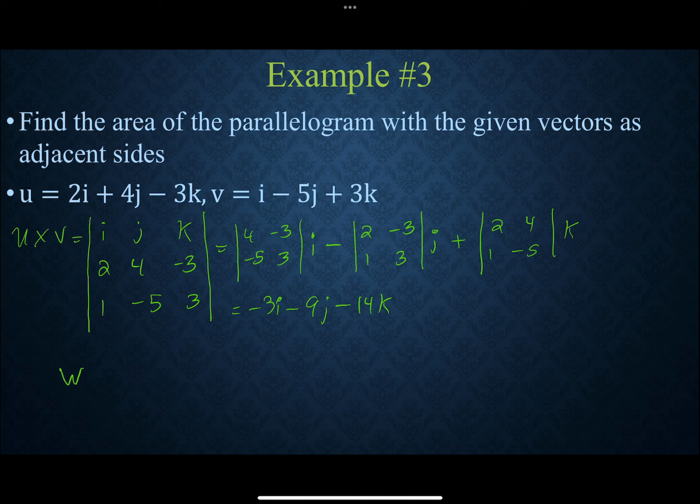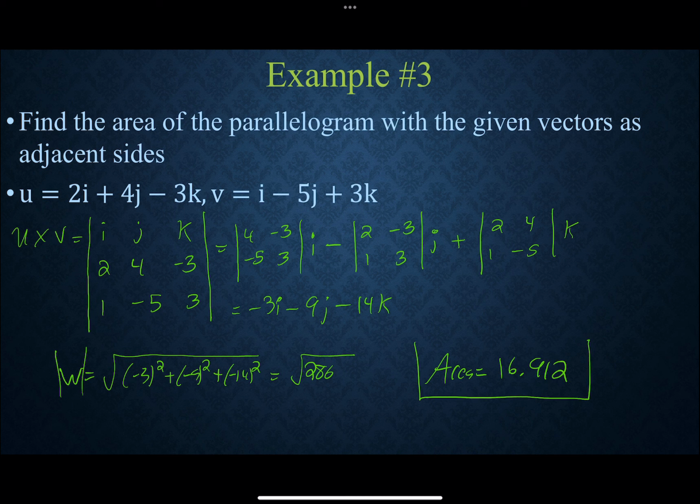Which means w, which is what that is, has a magnitude equal to the square root of negative 3 squared plus negative 9 squared plus negative 14 squared, which comes out to the square root of 286. So the area of this particular parallelogram is the square root of 286, which is approximately 16.912 units squared. If they gave us dimensions in inches, then it'd be inches squared or feet squared or whatever the units happen to be.